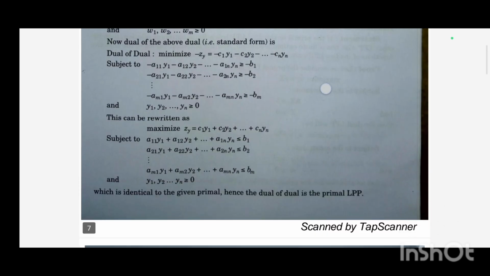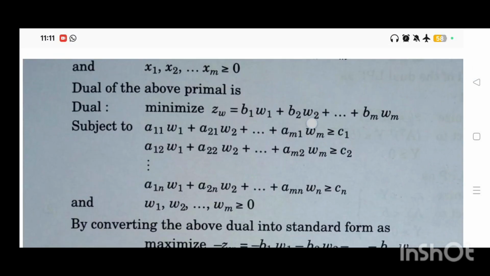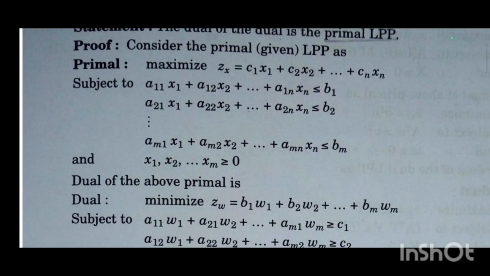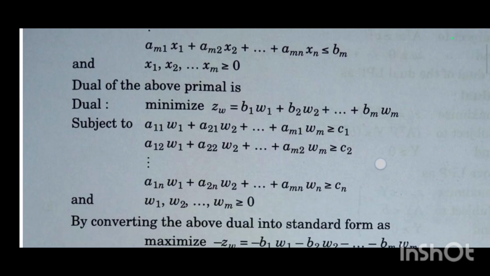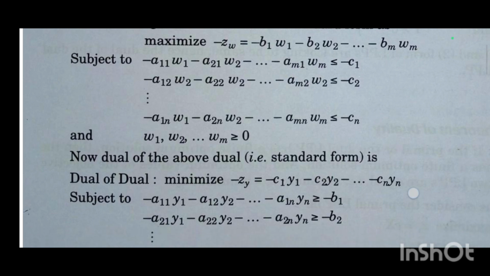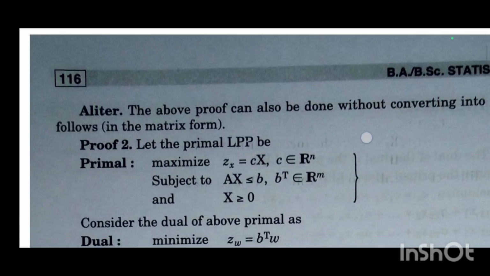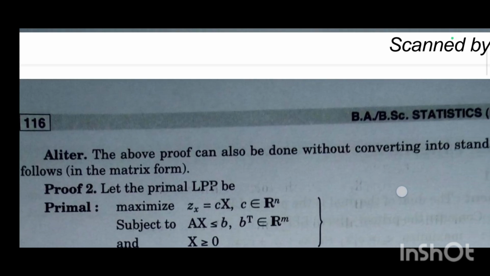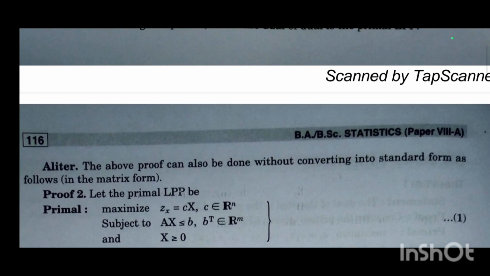Then also write the algorithm like this. As you can see, the dual of the dual is primal. Simply just see the procedure. The above proof can also be done without converting into the standard form, as follows in the matrix form.